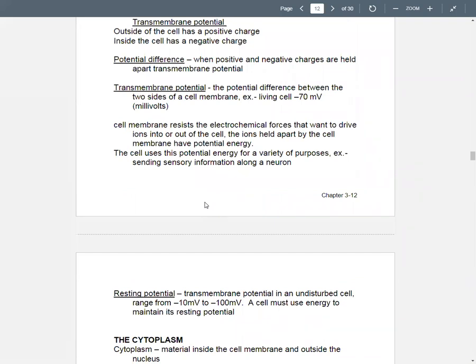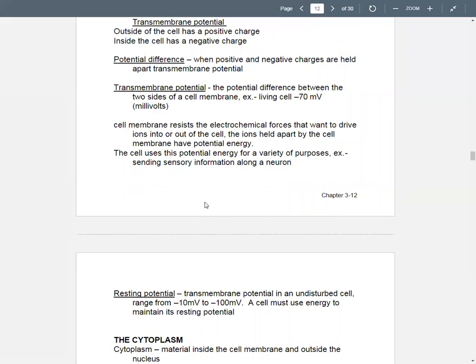So one side of the cell, the outside, is going to have a positive charge, and the inside of the cell is going to have a negative charge. So you create a transmembrane potential. We also talk about what we call a potential difference, when the positive and negative charges are held apart on that transmembrane potential. It's another way of describing it.